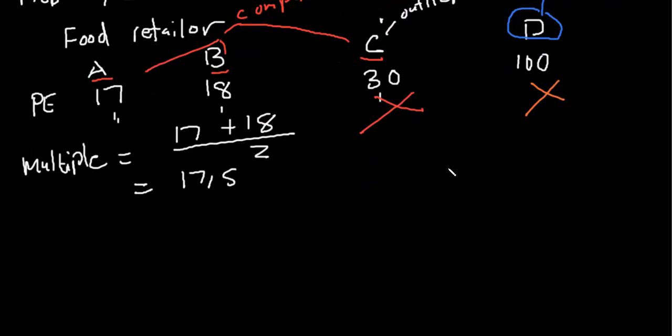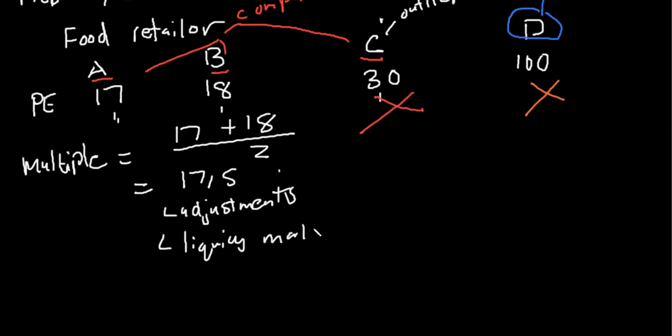However, the multiple that we're using is for a listed entity. So we'll always have to make adjustments before we are able to use this multiple. So what type of adjustments would we have to make here? The most common one is the adjustment for liquidity and marketability.